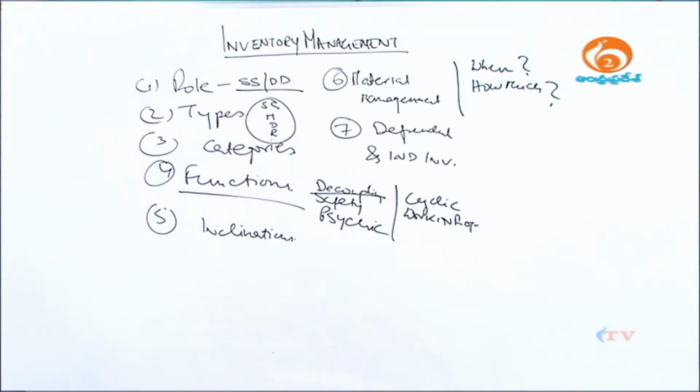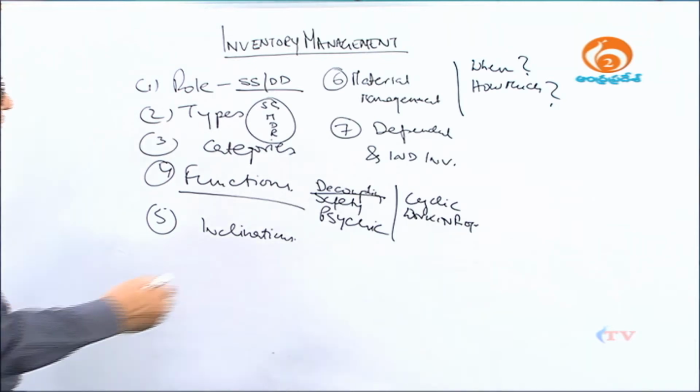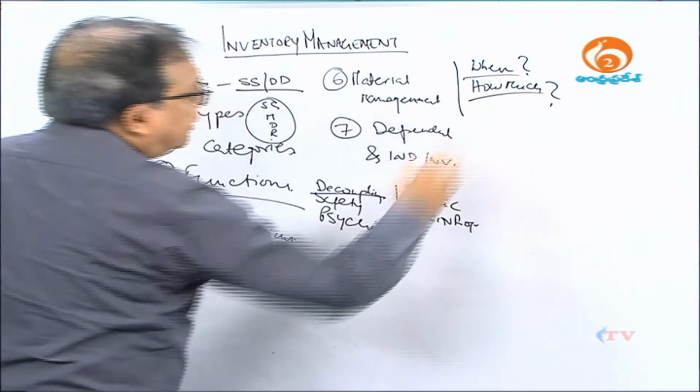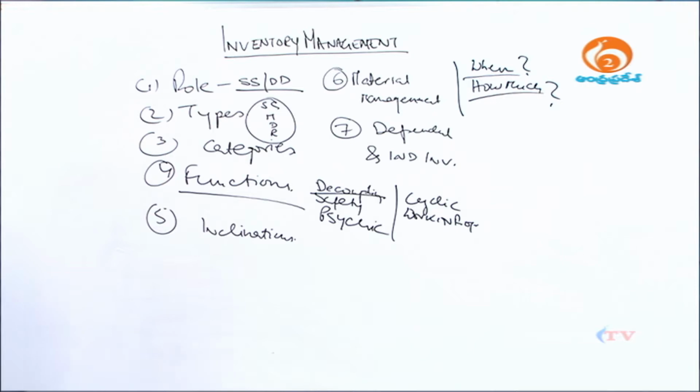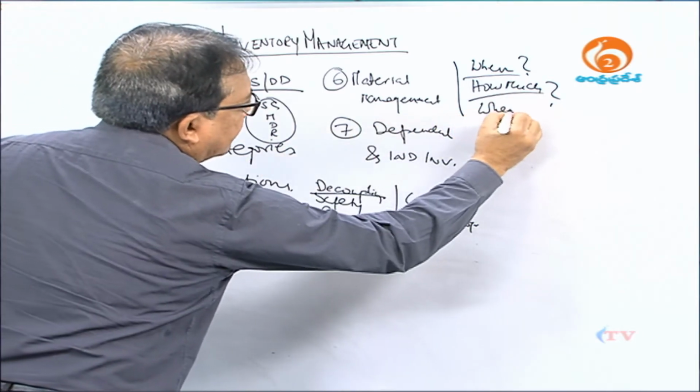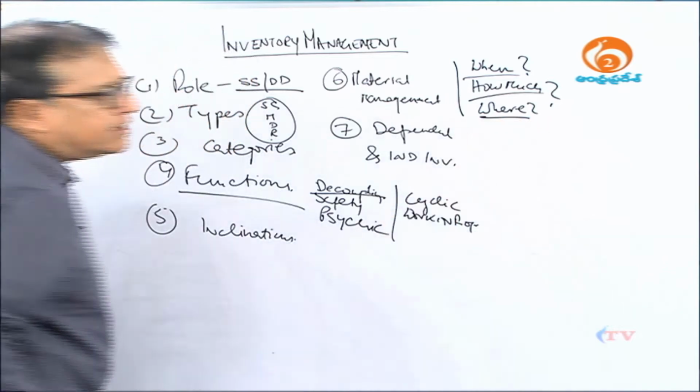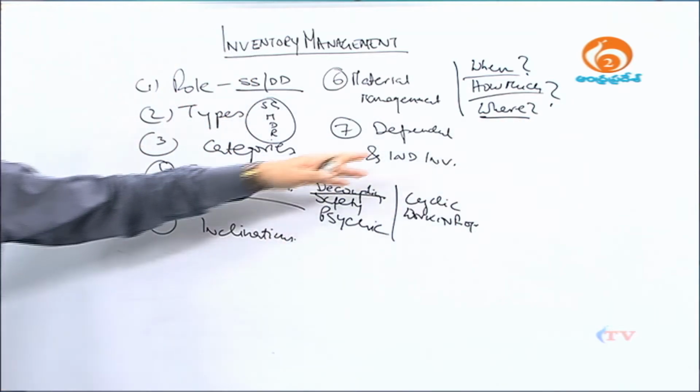So, this is what we have to understand when we come to material management, as to how much is to be produced and when you require them, and where should you buy. These are the three areas of consideration.